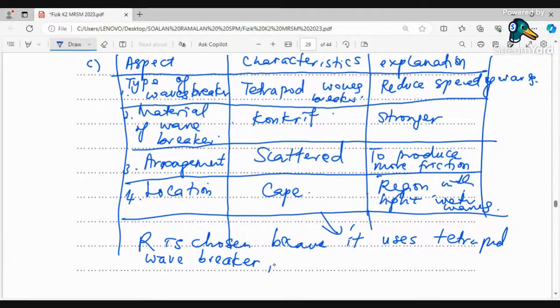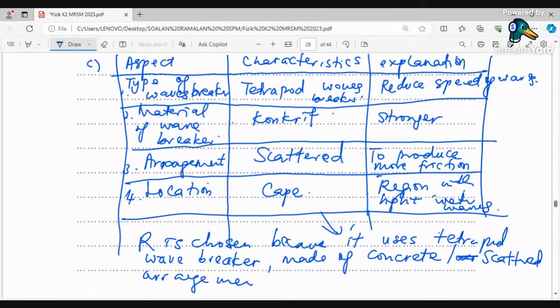Jadi tadi made of concrete, arrange ataupun scattered arrangement and region.